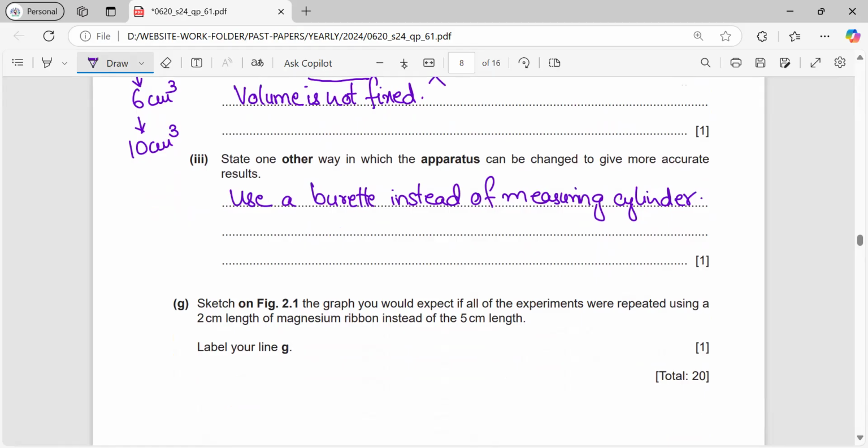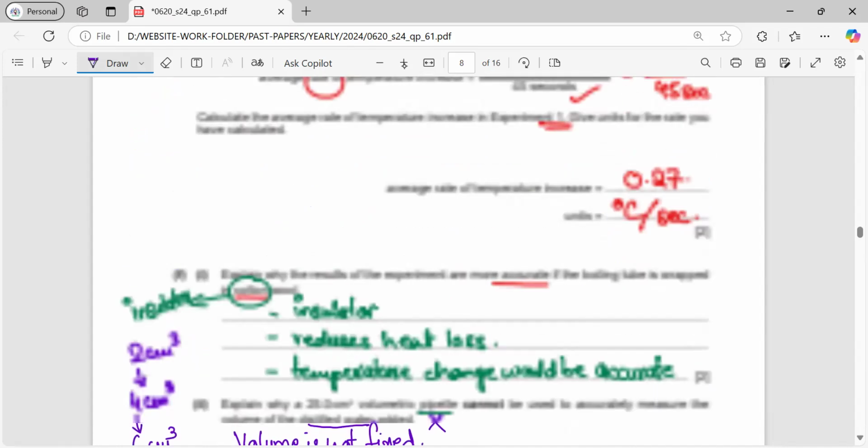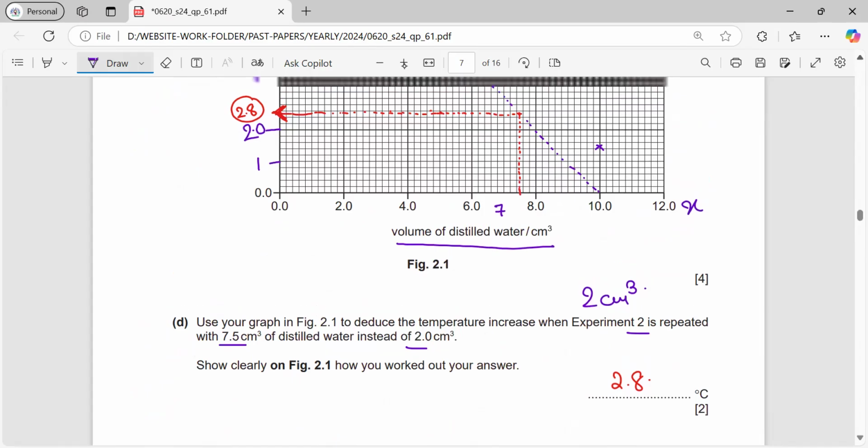Next, sketch on the figure the graph you would expect if all of the experiments were repeated using a 2 centimeter length of magnesium ribbon instead of 5 centimeter length. So now we are decreasing the quantity of magnesium ribbon. Magnesium ribbon was 5 centimeter, now we'll repeat the experiment using 2 centimeter of magnesium ribbon. Obviously there will be less heat, because the substance is small now, so the increase in temperature will be less.